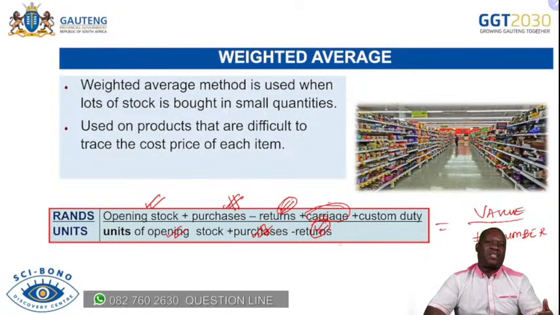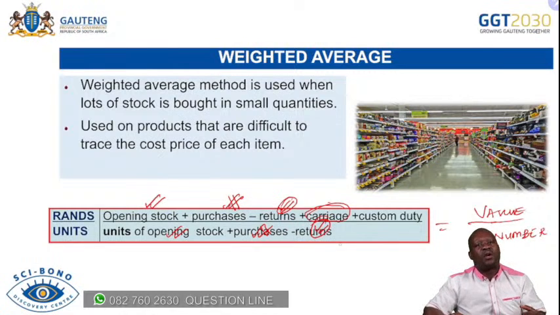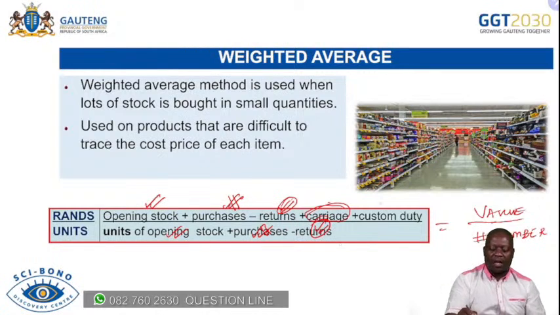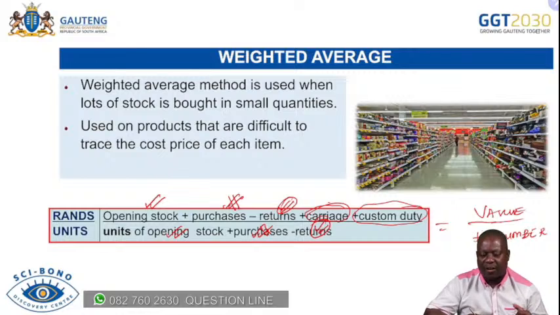The same applies with customs duty. Customs duty is paid when you are importing goods from another country, but it doesn't mean the quantity of the goods purchased is going to increase. Only the value increases. So the top part is affected by customs duty and carriage without affecting the bottom part. Please take note.